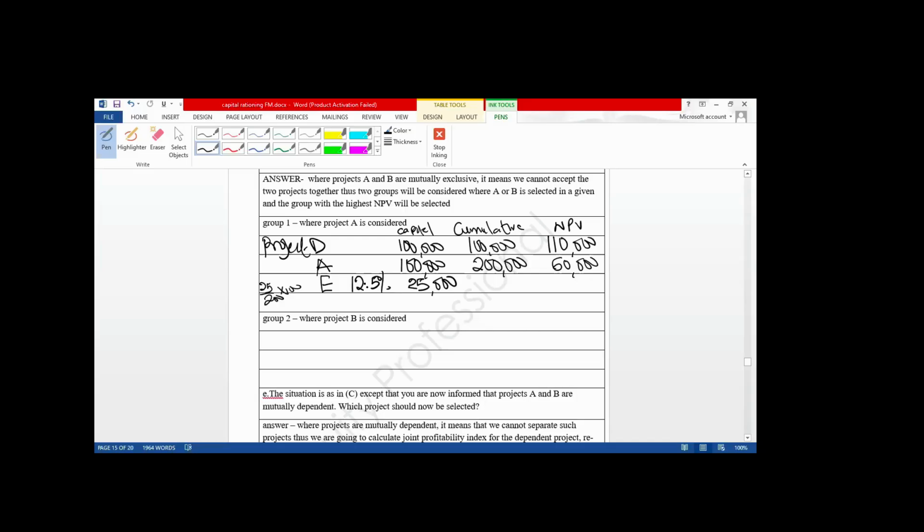You can only undertake 12.5% of project E. Cumulative 225.